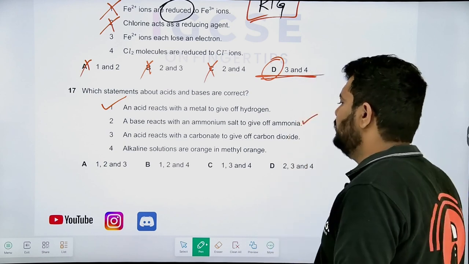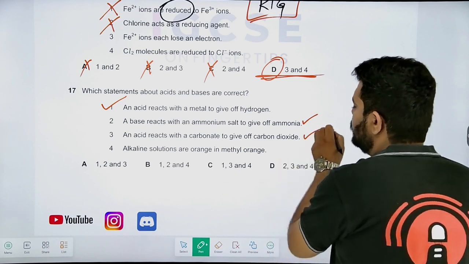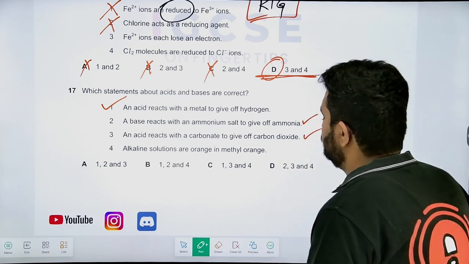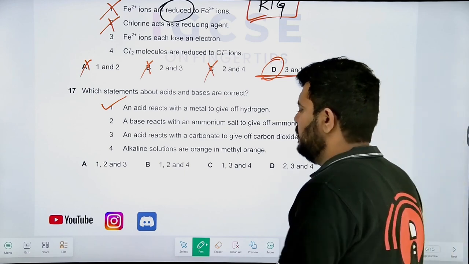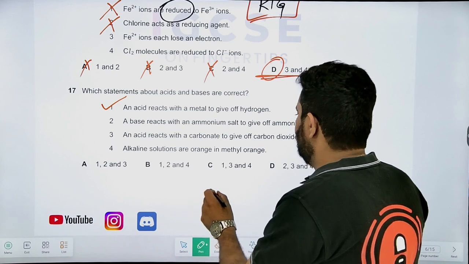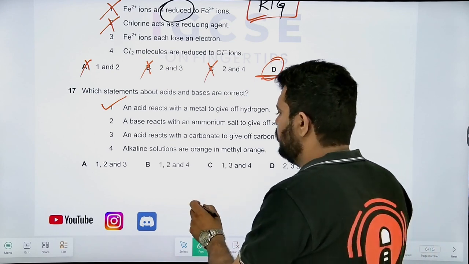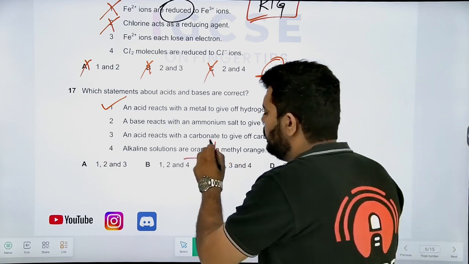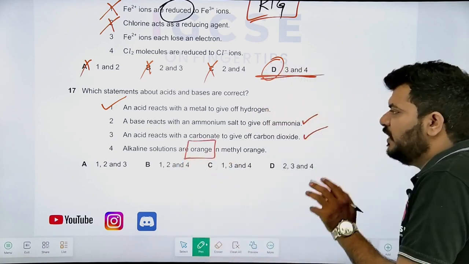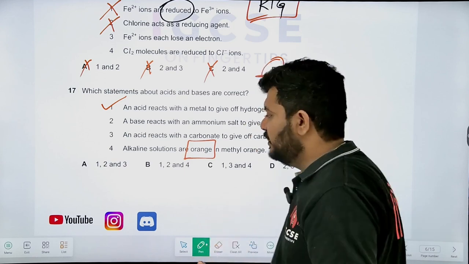An acid reacts with carbonate to give off carbon dioxide. It does. Alkaline solutions are orange in methyl orange. Okay. Do we have an option where 1, 2, 3 and 4 all of them are correct? No, we don't. And honestly, I don't remember if this is correct or not. But I'm sure the other 3 are correct, right?